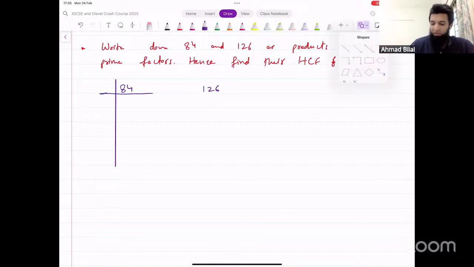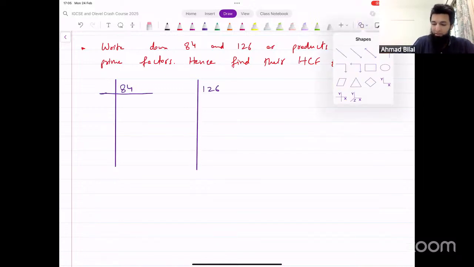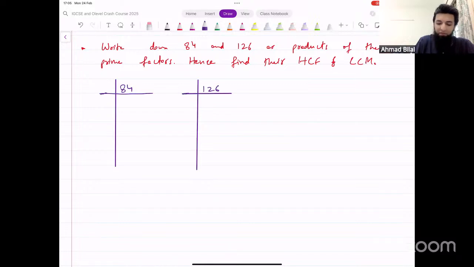That you make a structure like this, and then you start dividing these numbers by the smallest factors that you can find for them. 84, the smallest prime factor that you can find for it is 2. So you write 2 here, divide 84 by 2, and that gives you 42. Okay, we can again divide it by 2, and that gives you 21. We cannot divide by 2 anymore.